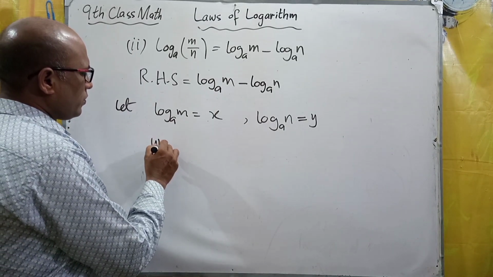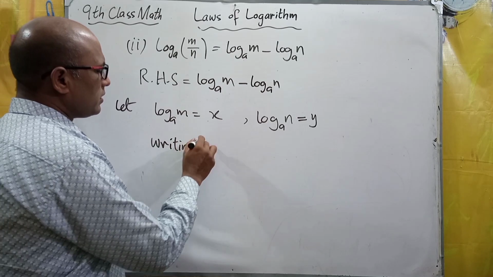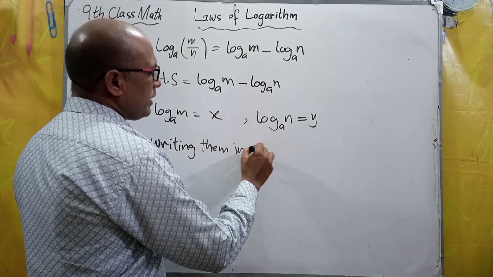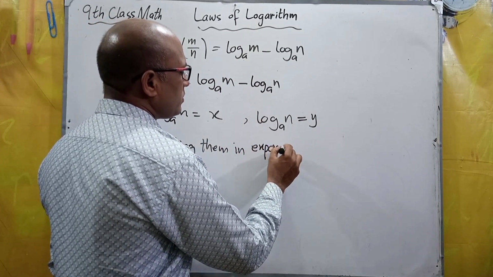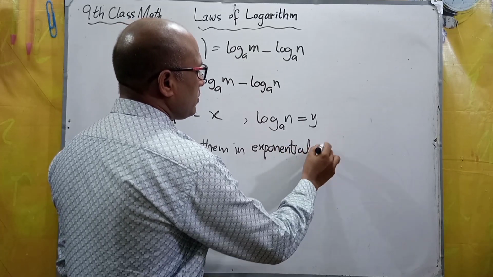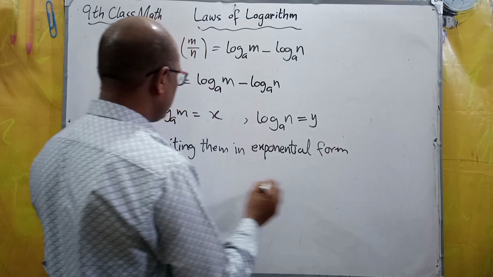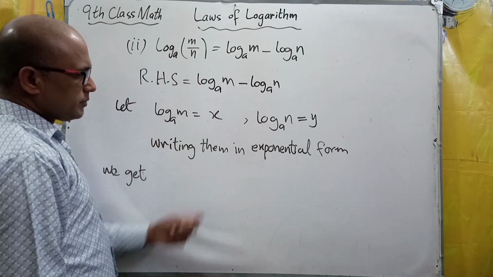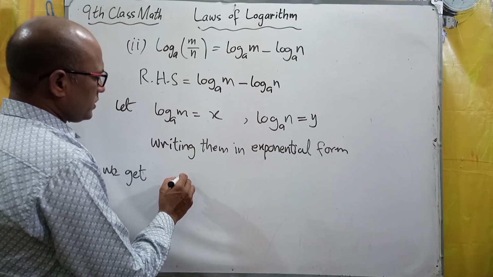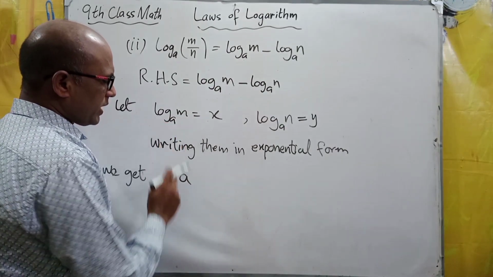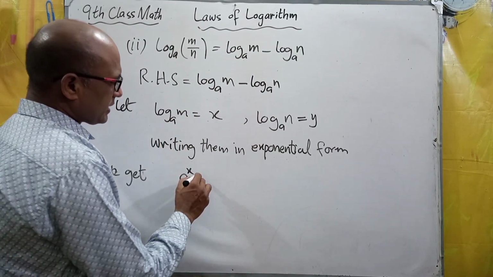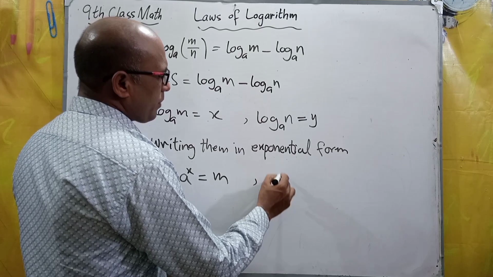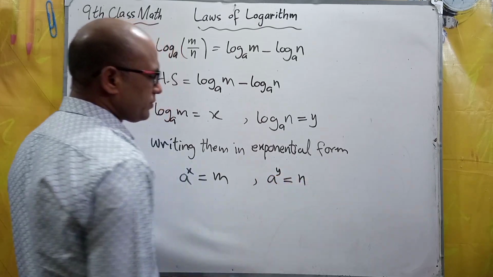So writing them in exponential form, we get: we'll write them in exponential form. So first one will become a power x is equal to m, comma a power y is equal to n.